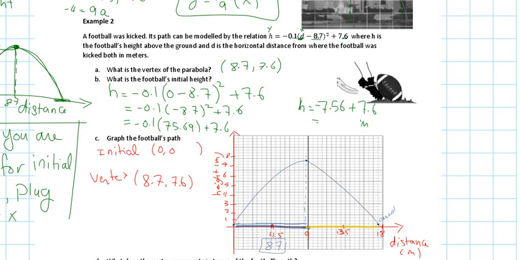So this is supposed to be 0 point. I'm missing a number there. This should be 75.69. So that was right.